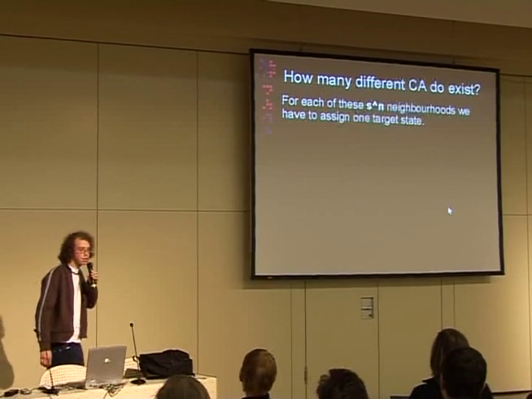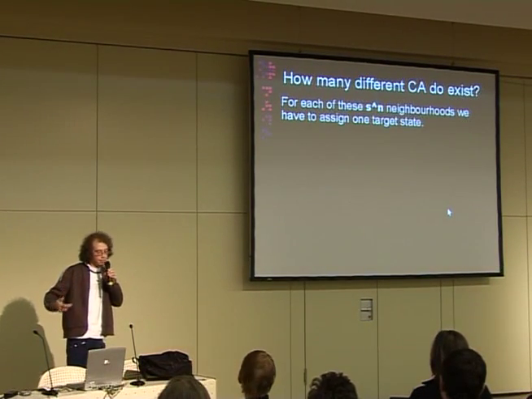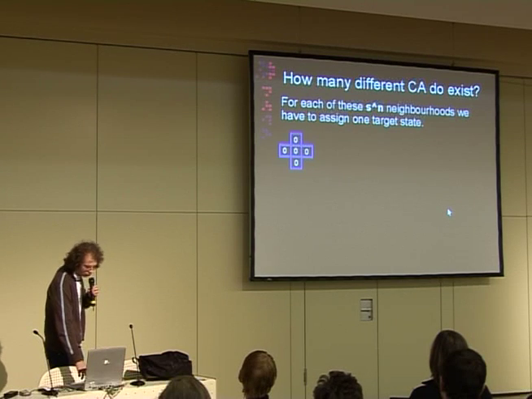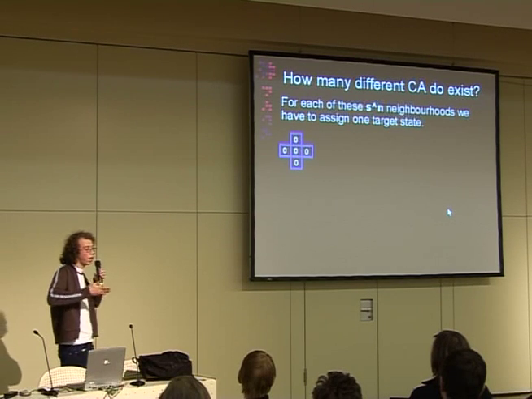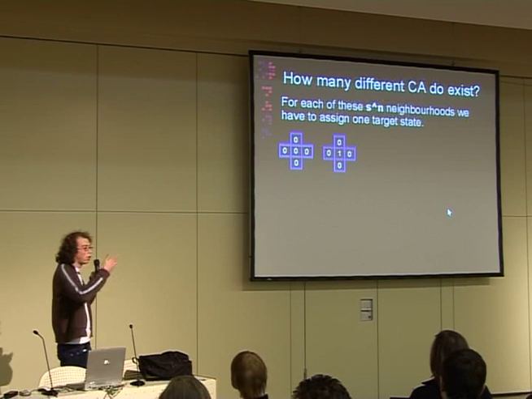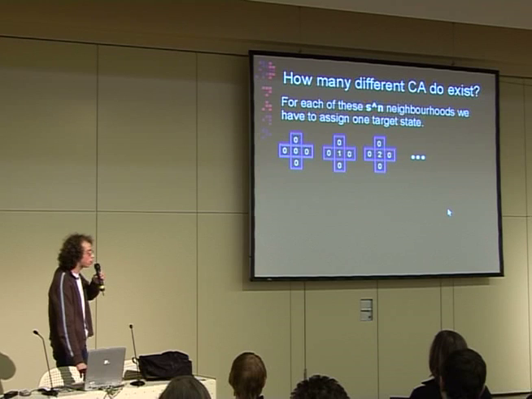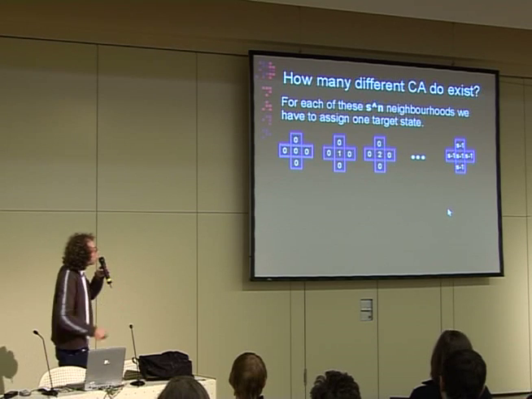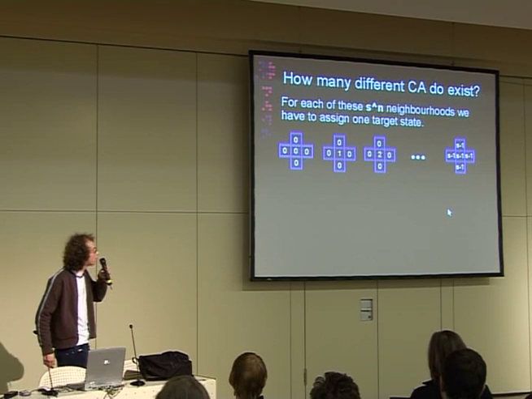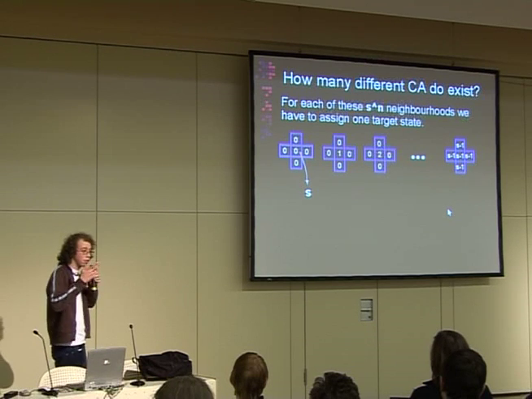For each of these S to the nth power neighborhoods, we have to assign one target state. So if everything is 0, we have to assign one target state. If the center cell is 1 and everything else is 0, or if it's 2. And for each combination till every state is S minus 1, we have to assign one of S target states.